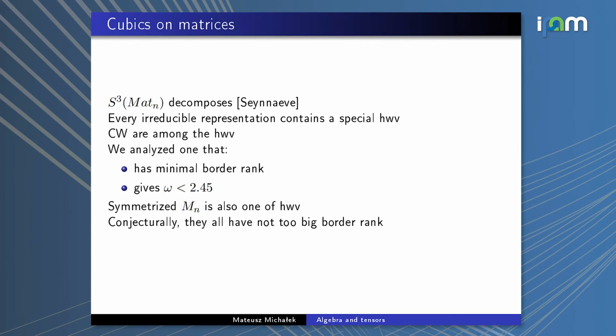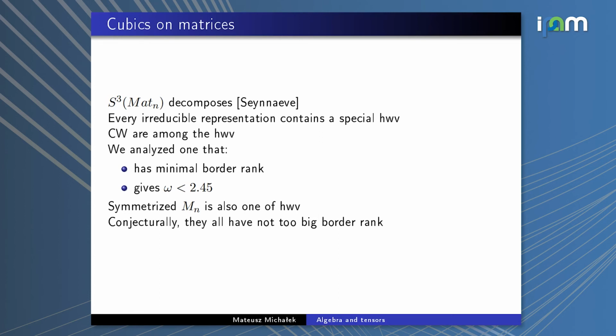And we were amazed because it more or less turned out that half of them were Coppersmith-Winograd tensors. Sizes depending on n and so on. But if you didn't know the Coppersmith-Winograd tensor, if you were just interested in the space of cubics, you would find the Coppersmith-Winograd tensor coming to you naturally without having to look for it in the literature or some combinatorial construction.